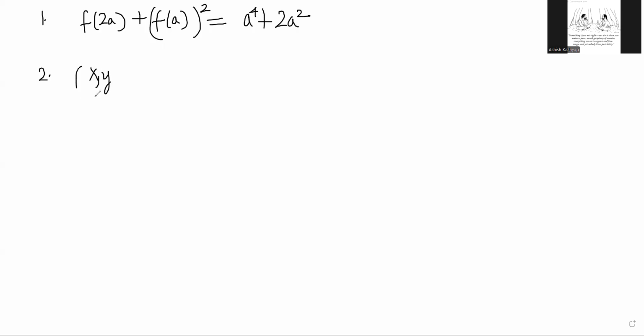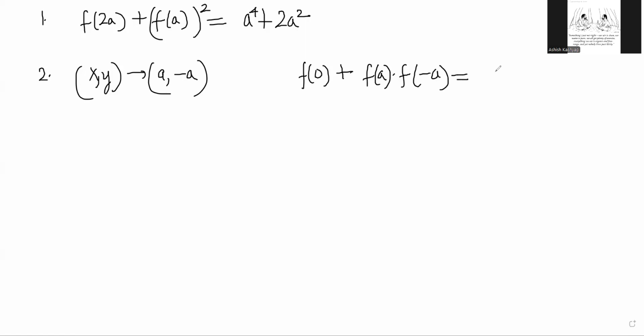My first equation is this: f(2a) + f(a)² = a⁴ + 2a². The second equation will be obtained if I put x and y as a and -a into the original equation, and I will get f(0) + f(a)f(-a) = -a⁴ - 2a². Now f(0) was -1.